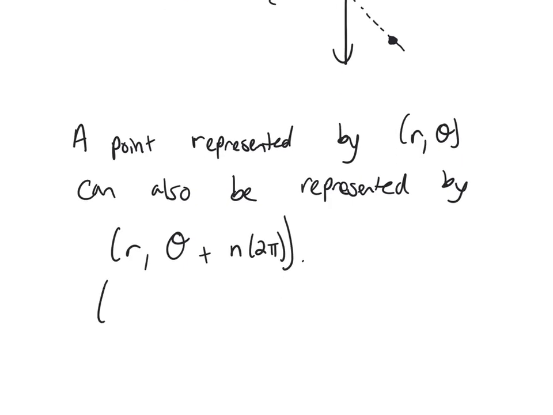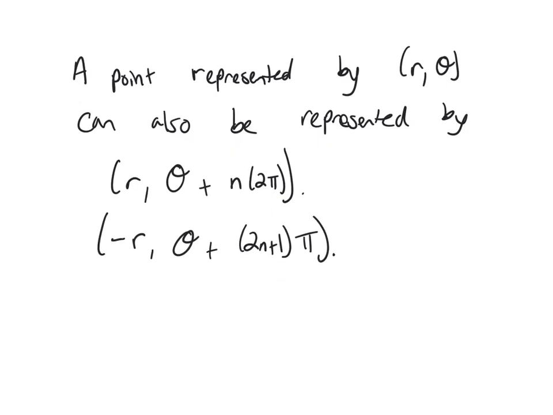Or I could change the sign of my radius, I could flip it, but then I need to add or subtract an odd multiple of pi, so (2n plus 1) pi, where n is any integer.